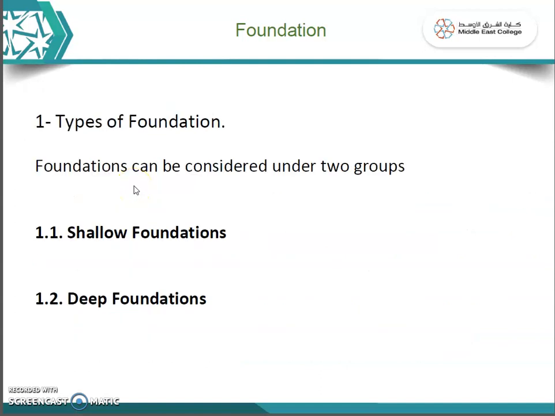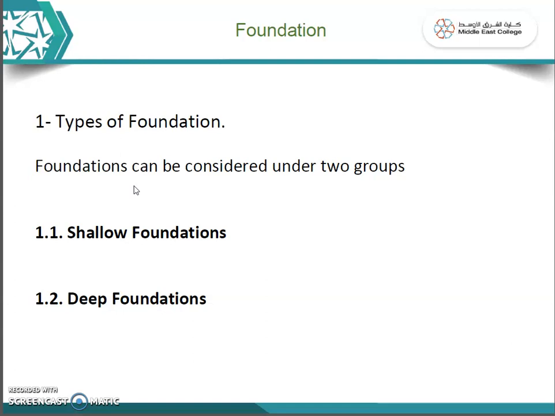So we have different types of foundation. One is shallow foundation and the other is deep foundation. The shallow foundation can be defined as a foundation at minimum depth, maybe 1 meter, 2 meters, 1.5 meters, very minimal depth from the ground surface.